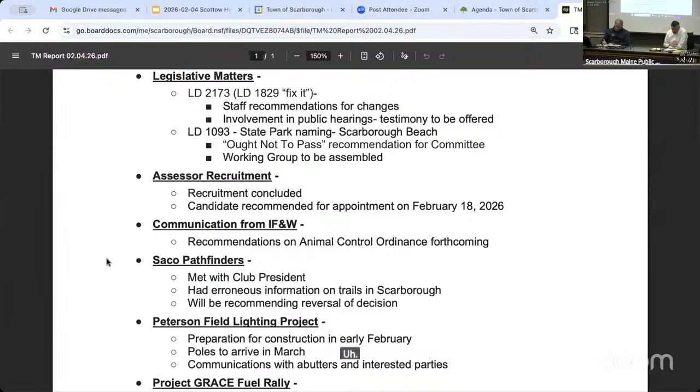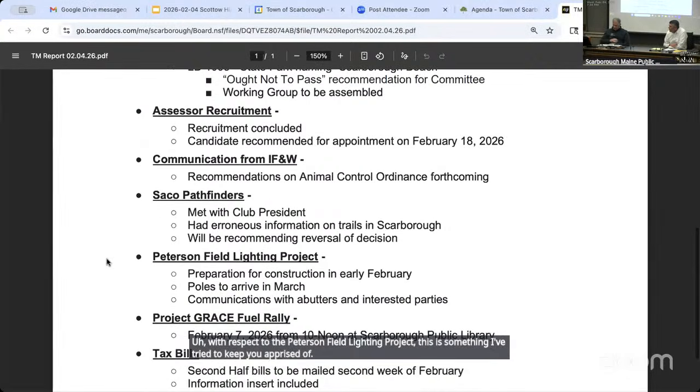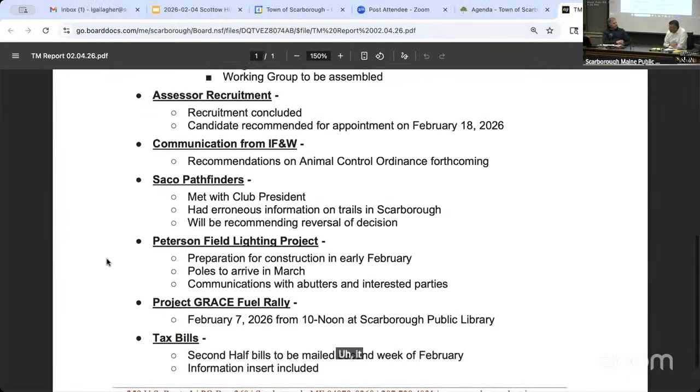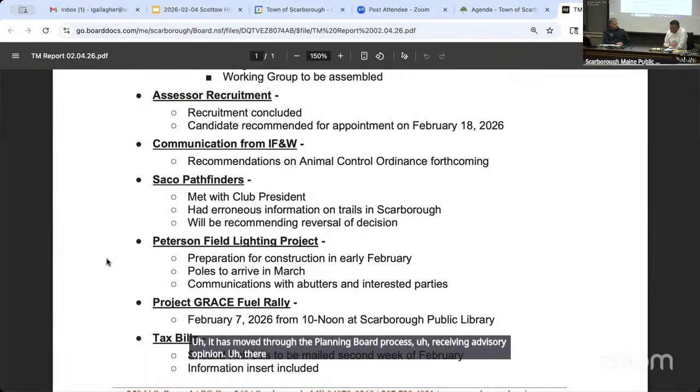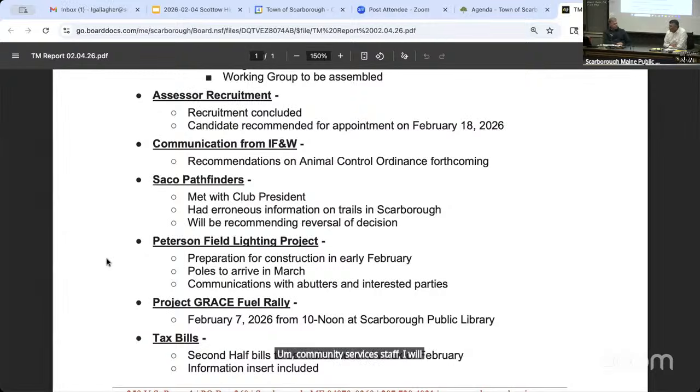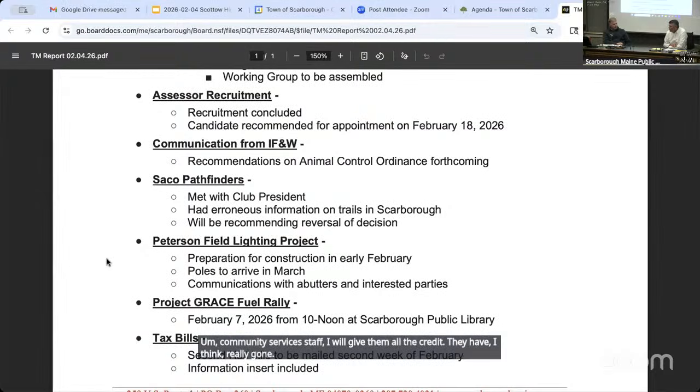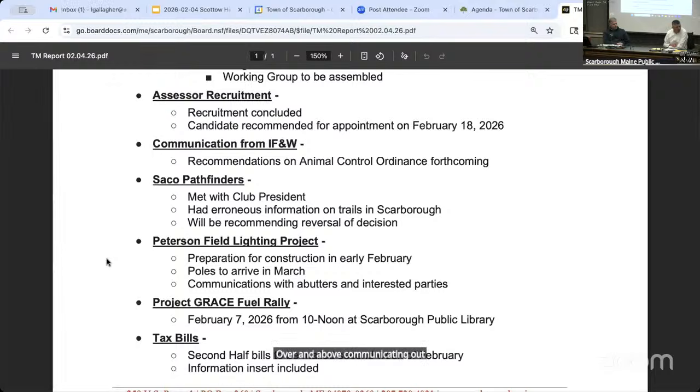With respect to the Peterson Field Lighting Project, this is something I've tried to keep you apprised of. It has moved through the planning board process, receiving advisory opinion. There's been further modifications to the design to meet some of the needs and questions and concerns expressed there. Community services staff, I will give them all the credit. They have, I think, really gone over and above communicating out to abutters and known interested parties in terms of where we are and doing our level best to accommodate their needs.